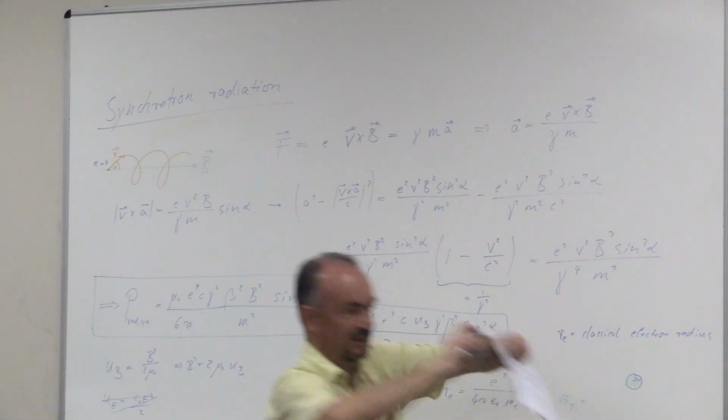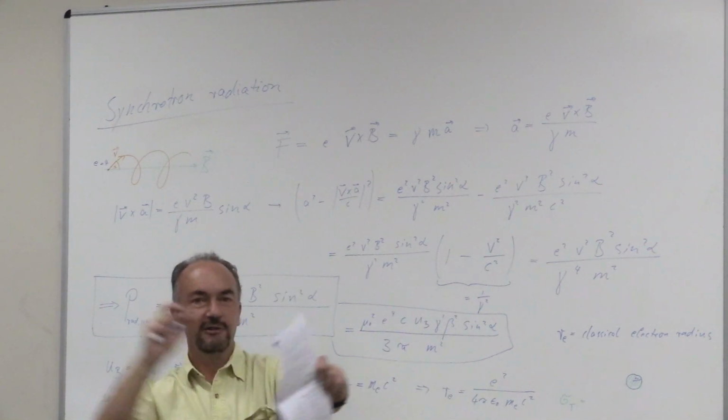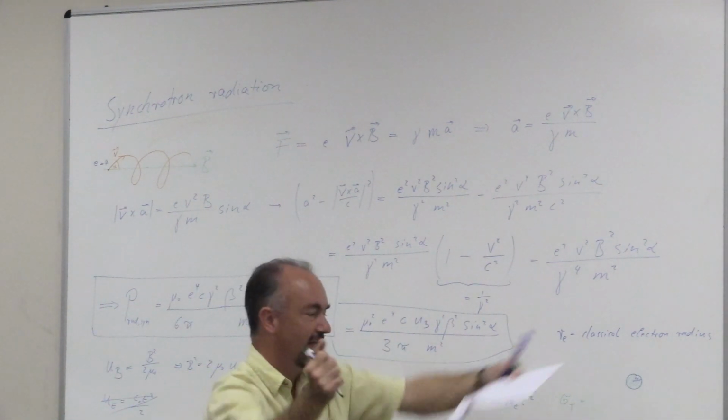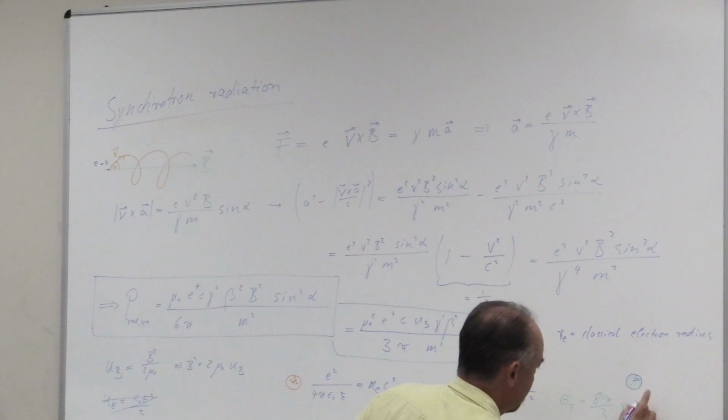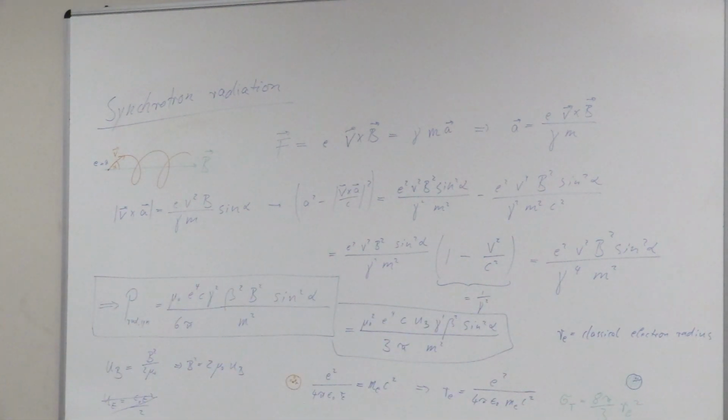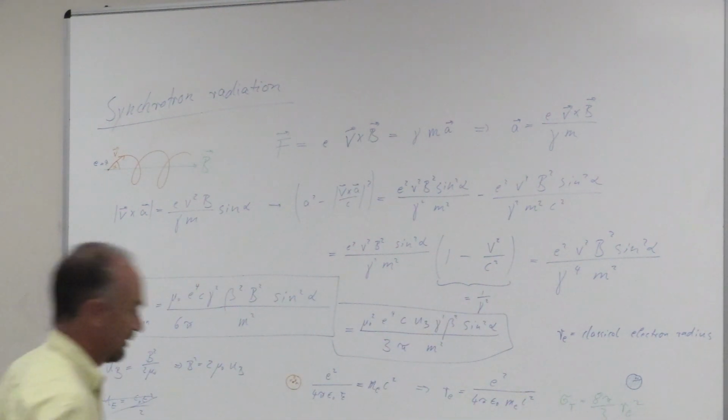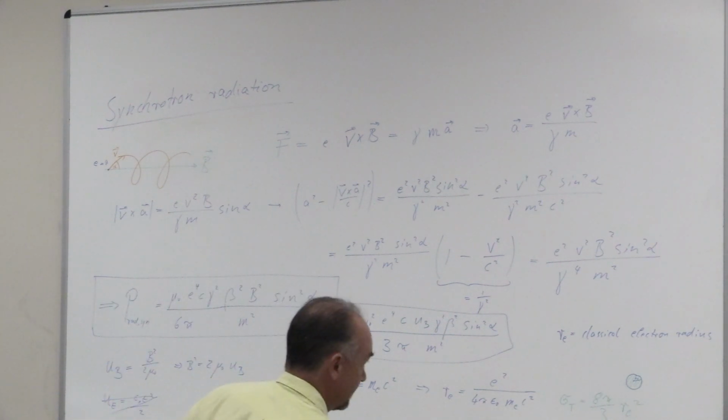So essentially the size of the targets that photons are meant to hit to actually interact with the electron, that we can relate to the classical electron radius as 8 pi over 3 r squared.